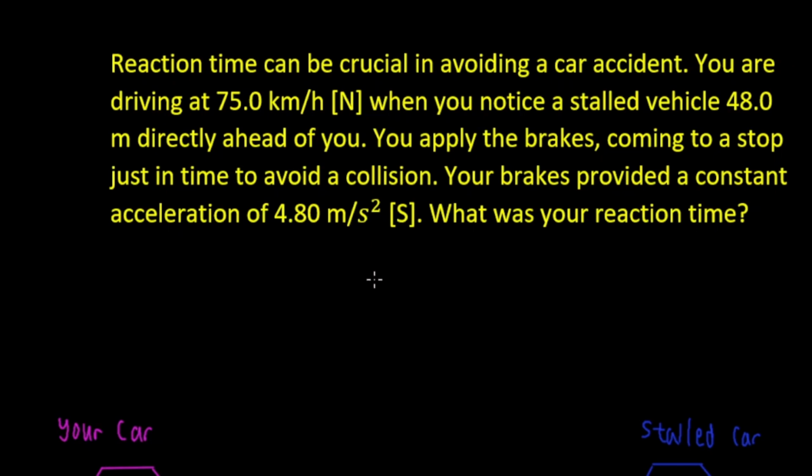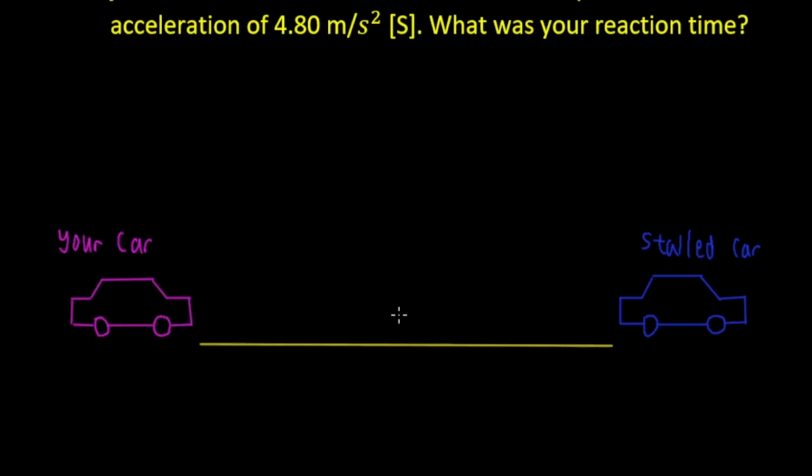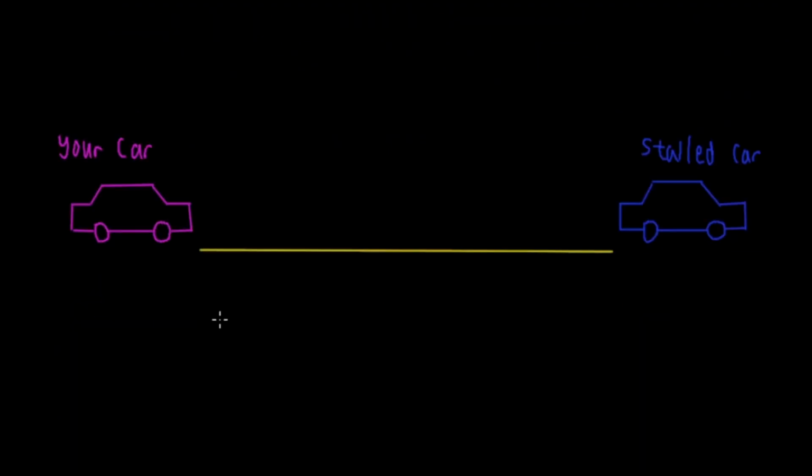Now, let's look at the picture of the situation first. Your car is the magenta car here. The blue car is the stalled car. You are traveling to the north side. Let's say this side is the north side. This way.